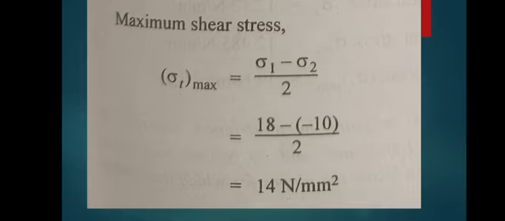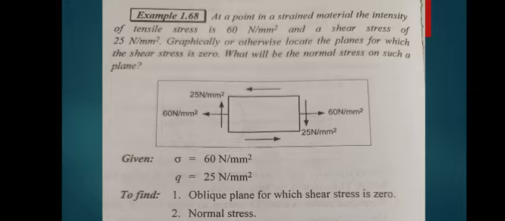Here the intensity of tensile stress and the shear stress values are given. Tensile stress is given as sigma equal to 60 Newton by mm square and shear stress value is given as 25 Newton by mm square. Okay, we represent this stress as sigma and the shear stress as q.